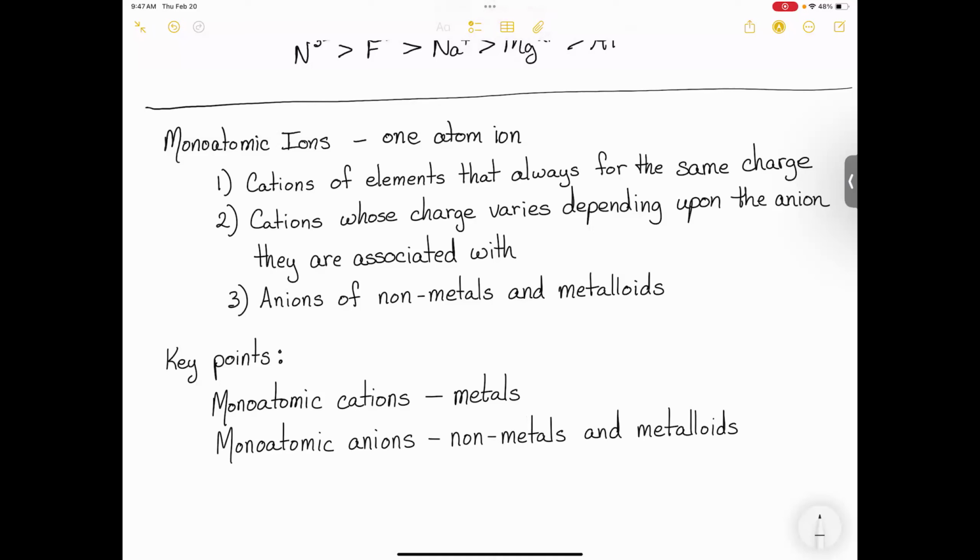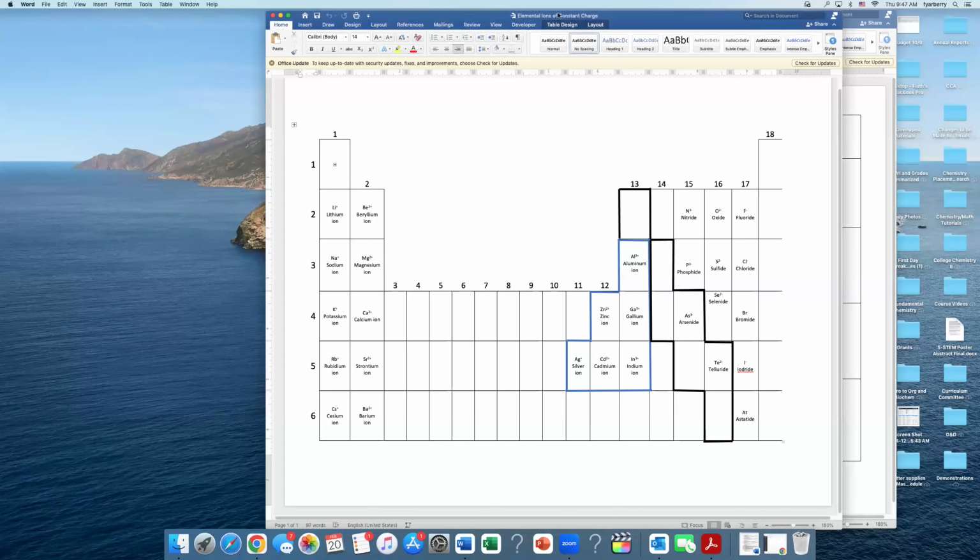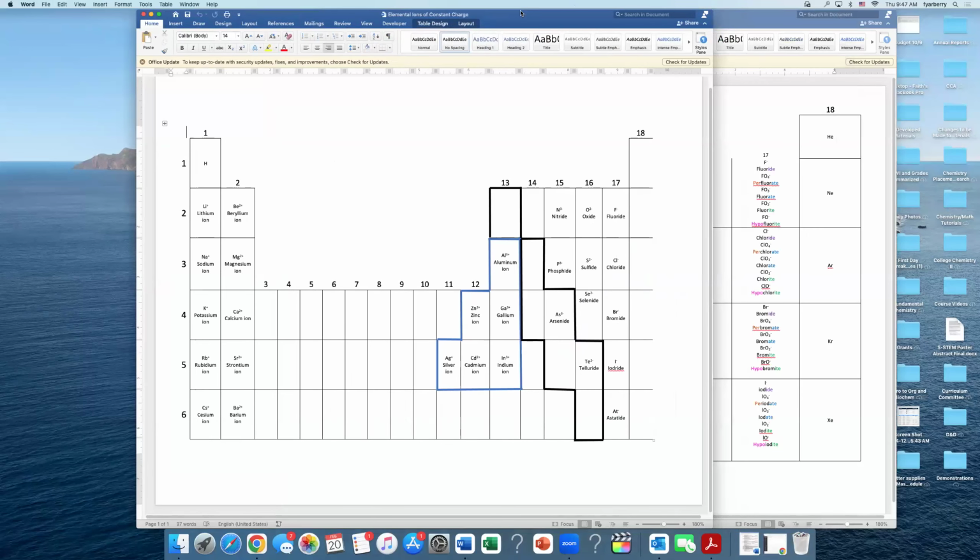Okay. I think it was today I put into your folder this document. This document shows the monoatomic cations whose charge is always the same.